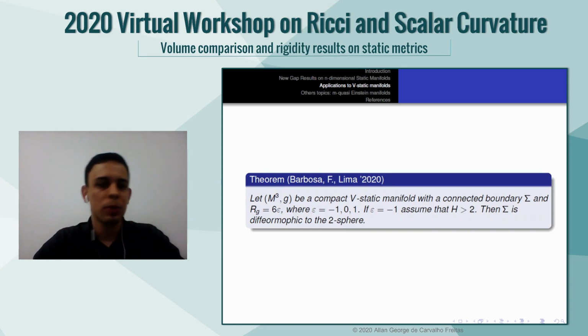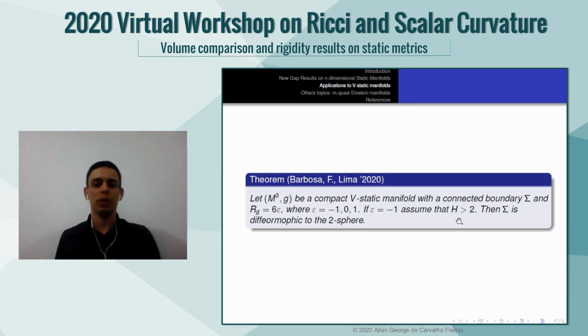And in dimension 3 we have this important topological classification. If you have a compact V-static manifold with a connected boundary, okay, and normalized scalar curvature, if epsilon is equal to 1, and assuming this new condition on the mean curvature, then sigma is diffeomorphic to a two-sphere, okay.